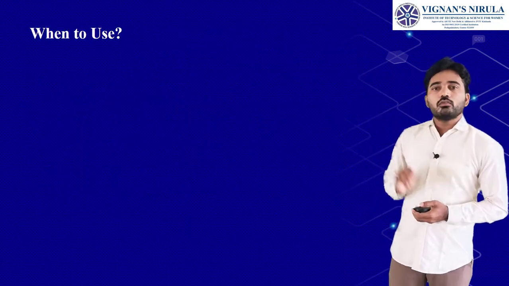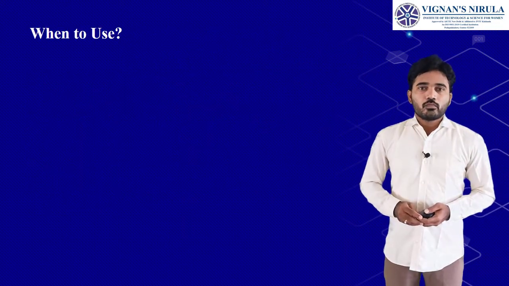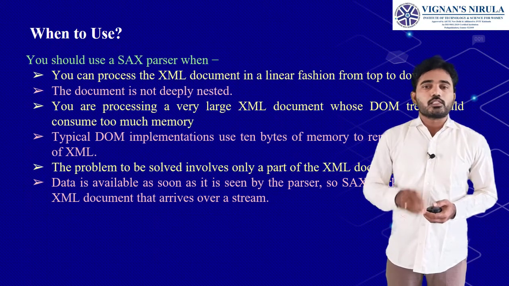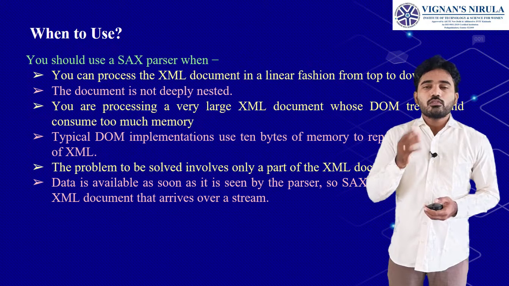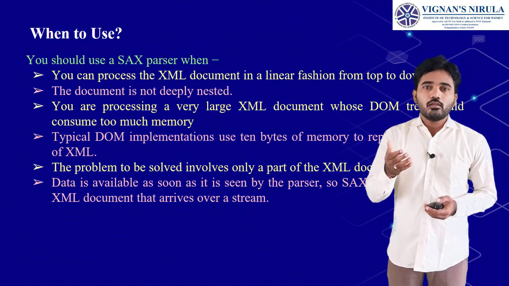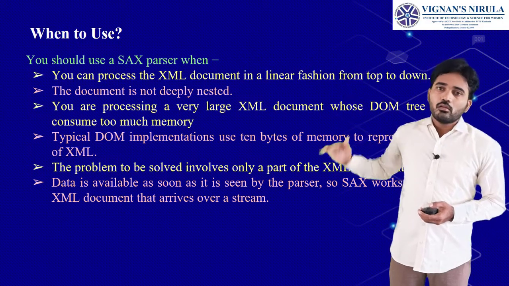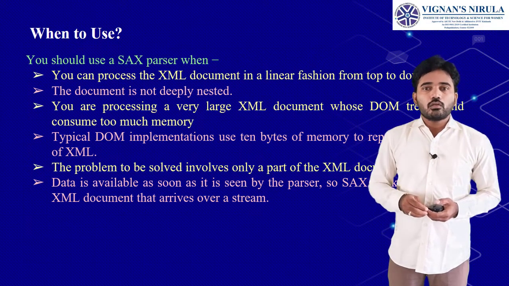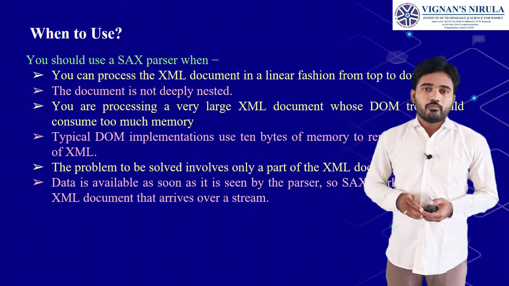So when to use this SAX parser? You need to use it in different cases. You must use the SAX parser when you can process the XML document in a linear fashion, from the top of the document to the bottom, and when the document is not deeply nested.